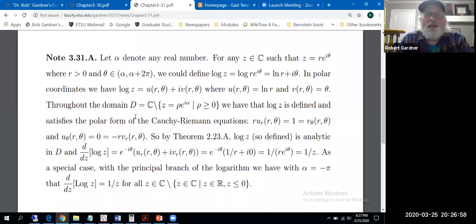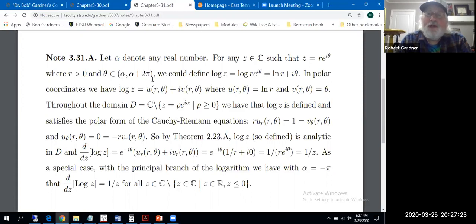These are not defined everywhere. So you'll notice this is an open interval. So this log function is defined for all complex numbers except those with an argument of alpha. Anything bigger than alpha, up to alpha plus 2 pi, we're good.